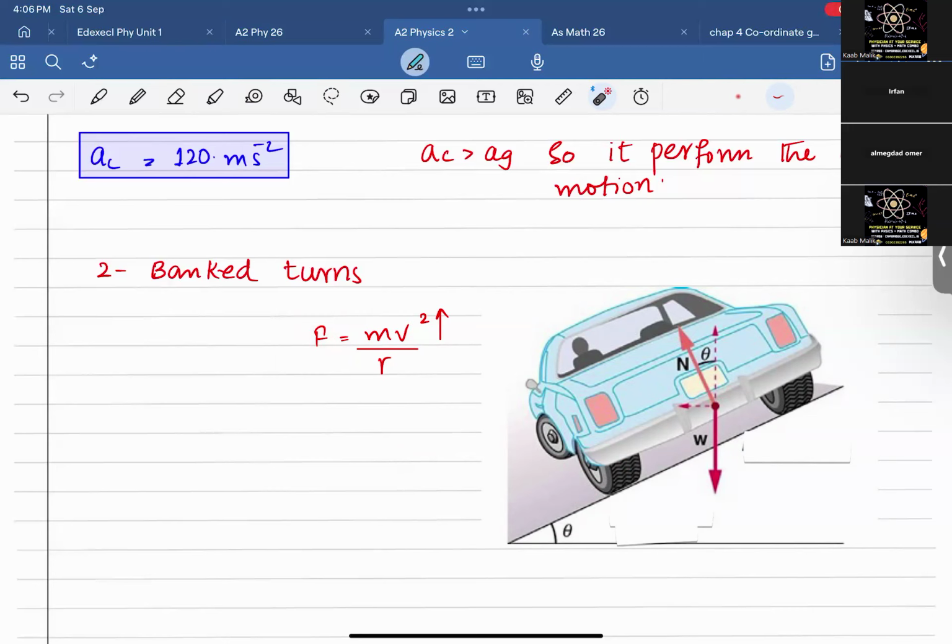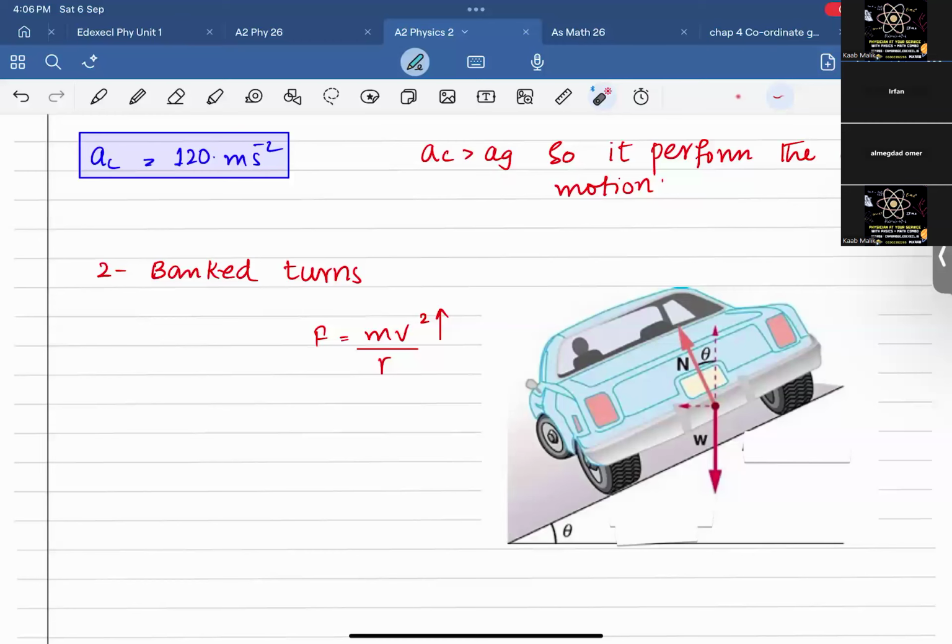So to avoid that, we make the road slightly slant, or slightly tilted, inclined, so that when the object takes a turn, the component of the weight, as well as the component of the normal reaction force, provides a centripetal force to the car or to the object to help it complete its turn. Okay, guys, that clear?